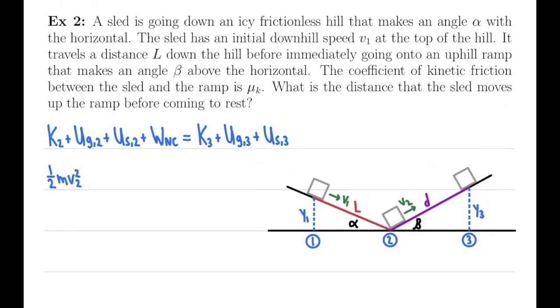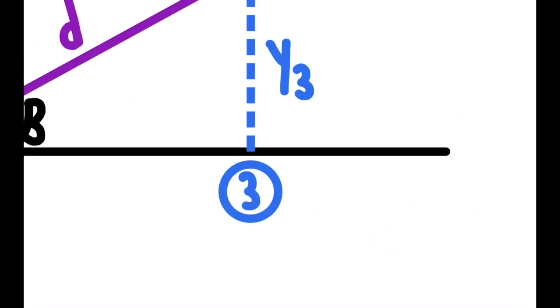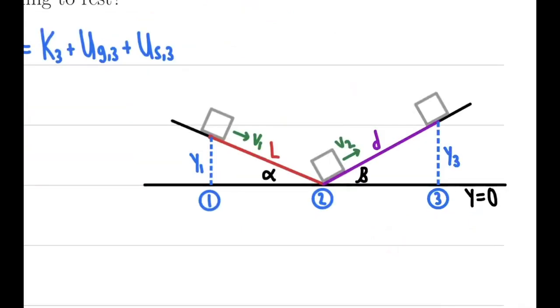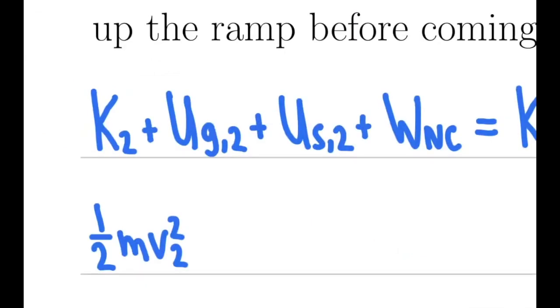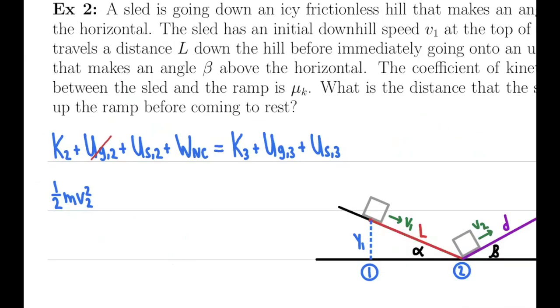So that's two unknowns there. UG2, remember, gravitational potential energy at position 2. Gravitational potential energy is mgy. And what's y at position 2 if I define y equals 0 as this line right here? So it's basically at y equals 0. So at position 2, the gravitational potential energy is 0.